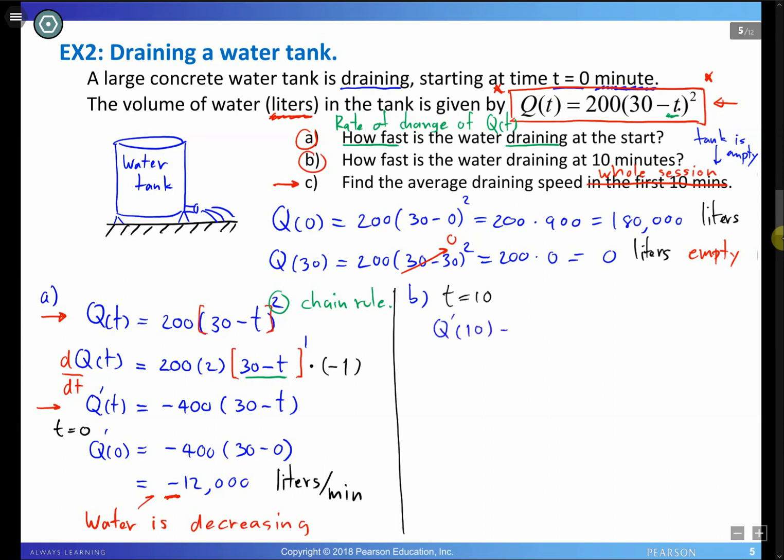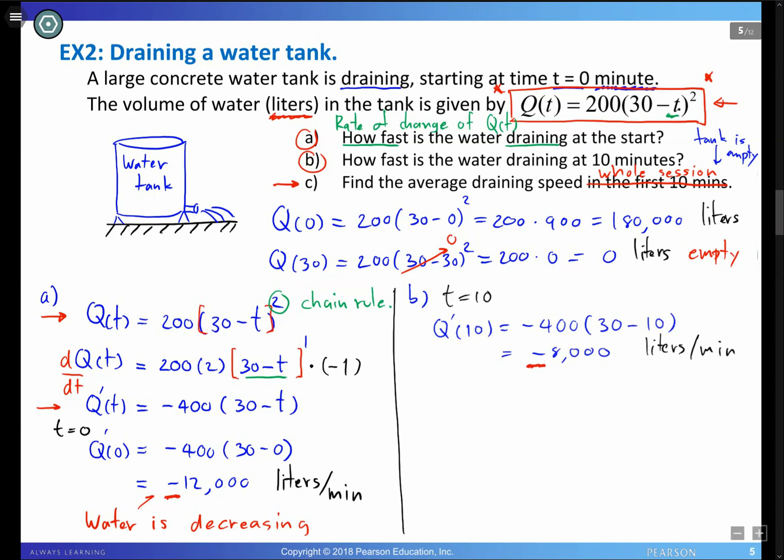It's equal to minus 400 times, same thing, 30 minus 10 this time. So we have minus 8,000 for this part B, and the unit is liters per minute again. Once again, we have this minus sign, so we know the water is decreasing.